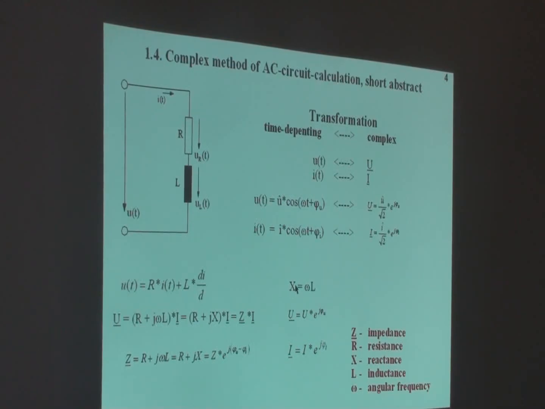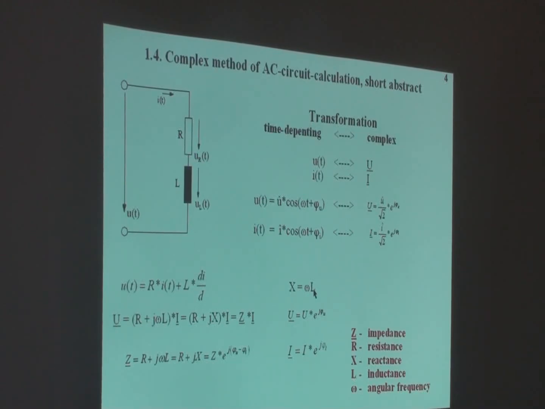We have two things here: the inductivity, the inductance, and the reactance. First we talk about inductance, and then in the second part of the lesson we will only talk about reactance.